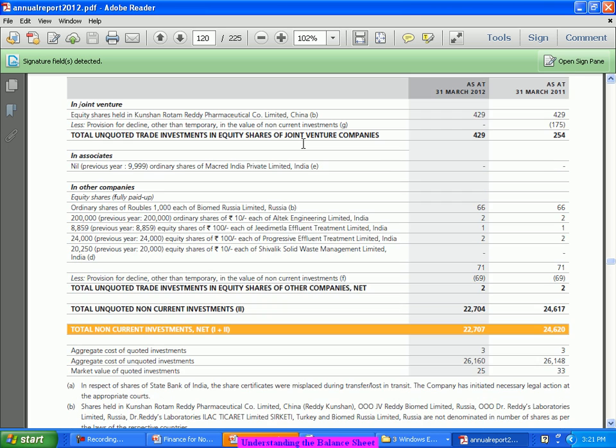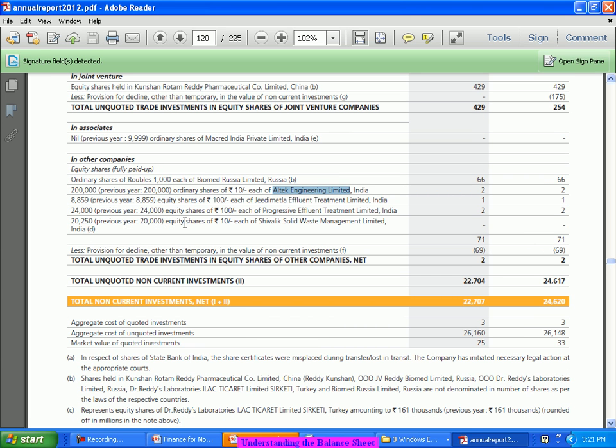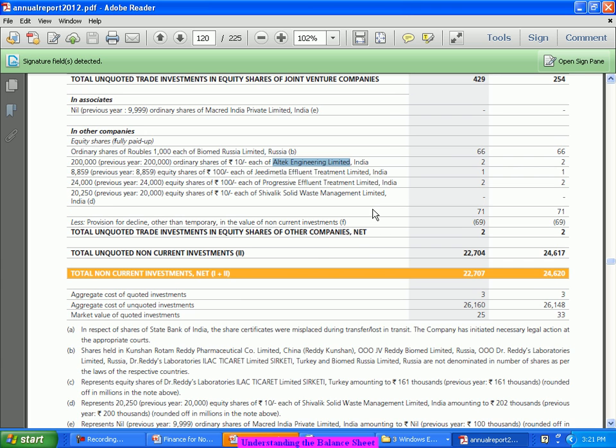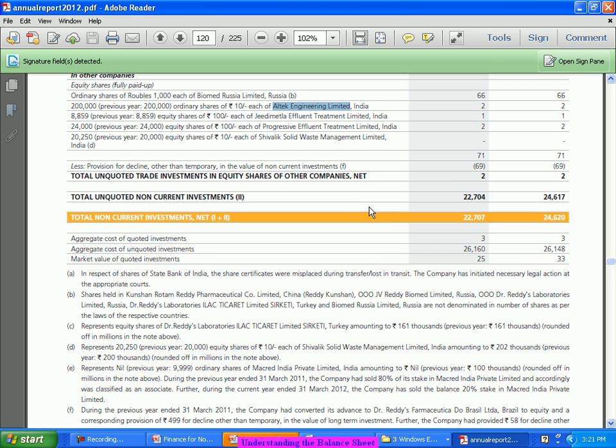And now you see some other, Altech Engineering India. They have bought some shares. They have bought the shares of a company called Altech and GD Metla Effluent Treatment Limited. They have purchased some shares in that company. Like this, you are seeing they have purchased shares in so many. Progressive Effluent Treatment Limited. They have purchased some shares of that company. So these are all the various investments the company is having.